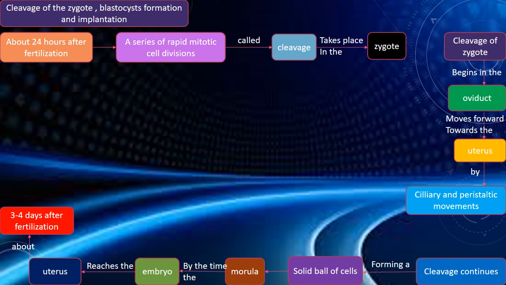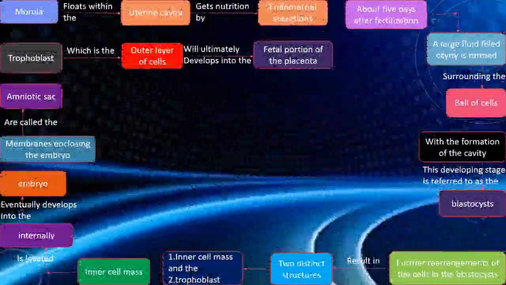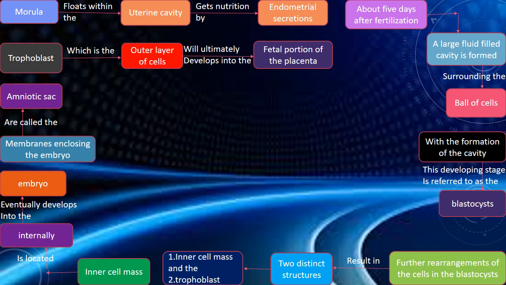Cleavage continues, forming a small ball of cells, the morula. By the time the embryo reaches the uterus, about 3 to 4 days after fertilization, the morula floats within the uterine cavity and gets nutrition from endometrial secretions.